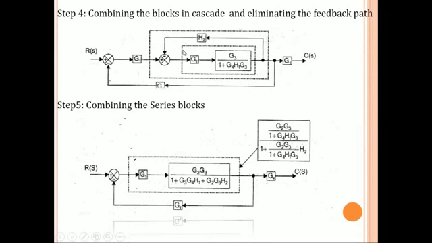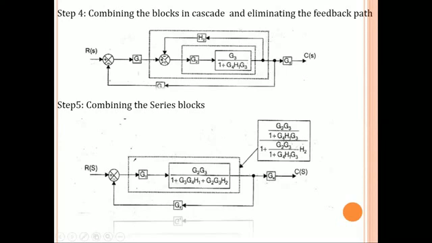Now looking into this block, these two blocks are now connected as a single block. Here again we have a feedback because the output is connected back to the input. So this feedback connection is connected to the negative polarity. If it is connected to the negative feedback, then it is called a negative feedback signal.